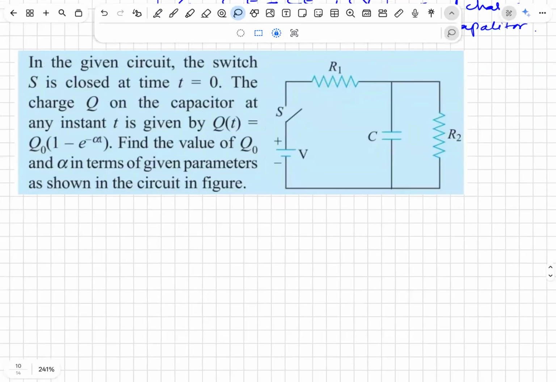In the given circuit, switch S is closed at time t is equal to 0. The charge Q on the capacitor. All these are very basic problems of RC circuit. Really very basic problems of RC circuit.